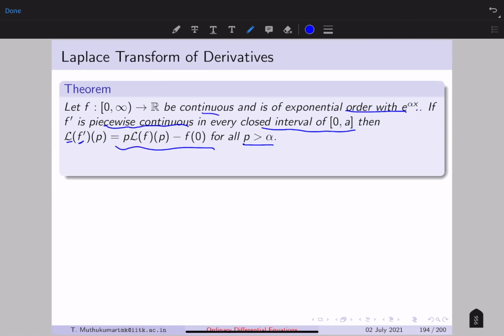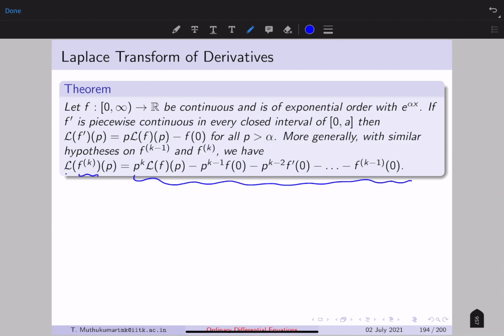Here you can see that the Laplace transform of the derivative is nothing but some polynomial in the p variable. So derivatives become multiplication by polynomials, translations become multiplication by exponentials, and so on. This is the theorem. Basically, you get the Laplace transform of derivatives of a function if you know the Laplace transform of the function and all its derivatives up to that point.